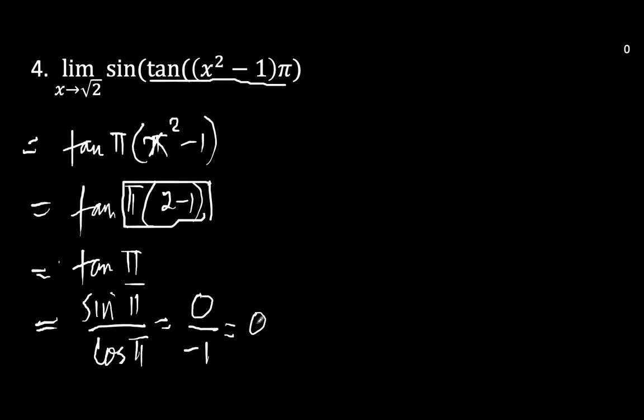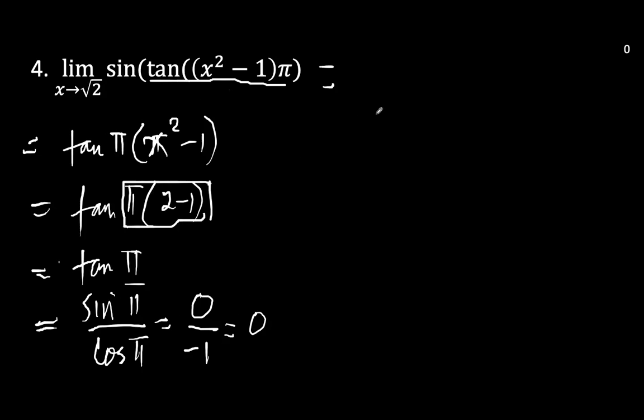Since pi is part of the domain of tangent, we can substitute square root of 2 here. And also, since tangent pi is equal to 0, and 0 is also part of the domain of sine, we can definitely substitute square root of 2 in x here.